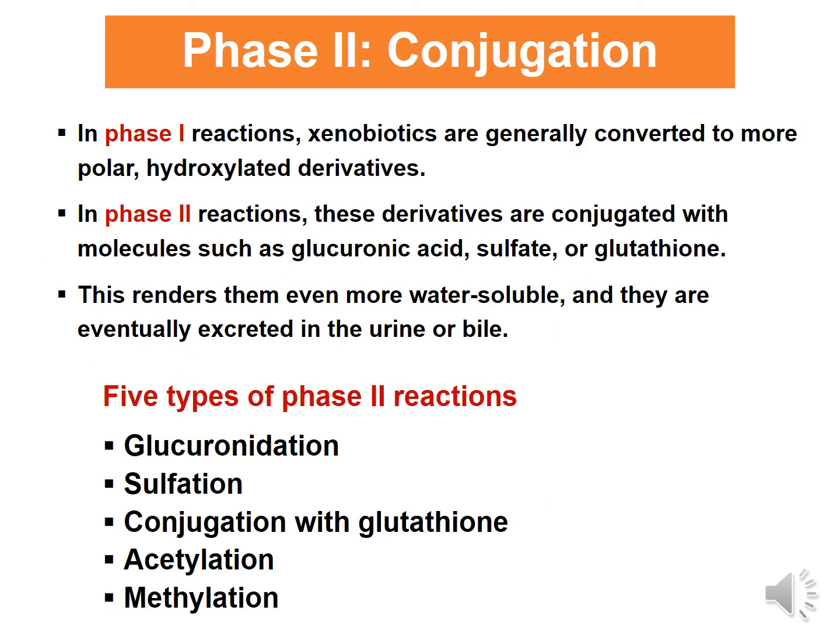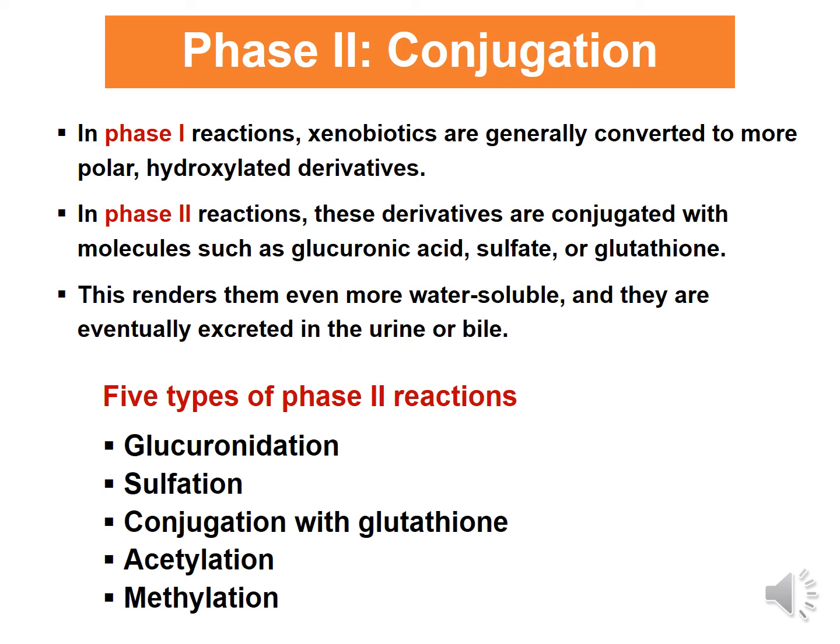In the first phase reaction, xenobiotics are generally converted to more polar hydroxylated derivatives. In phase 2 reactions, these derivatives are conjugated with molecules such as glucuronic acid, sulfate, or glutathione.